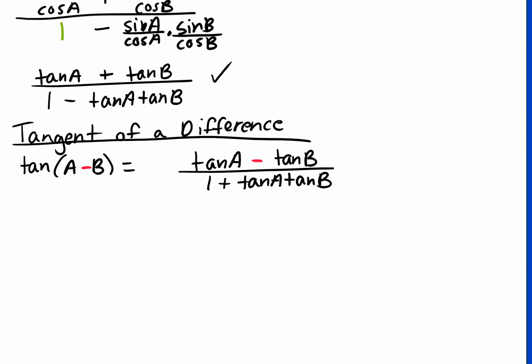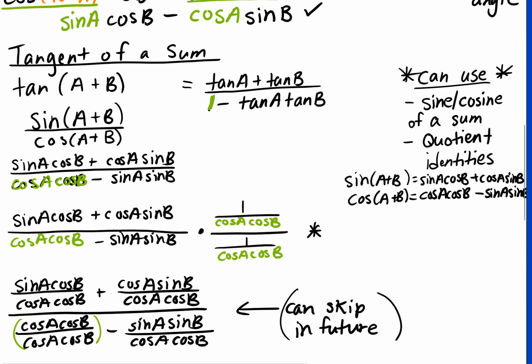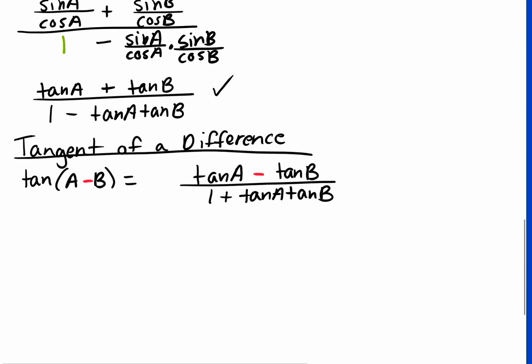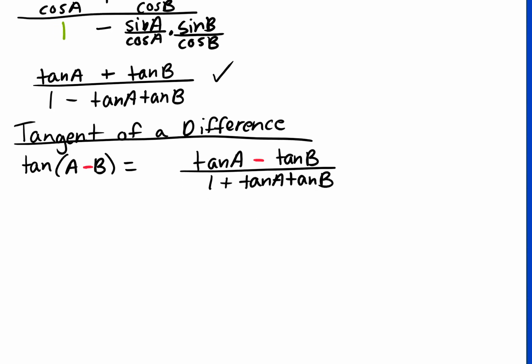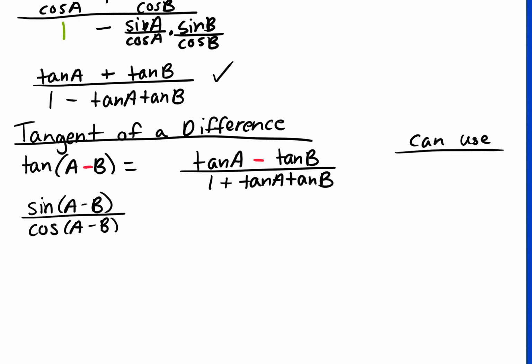But this and the tangent of the sum, they look very similar. So you're learning it as a group and then just noticing what's different about each of them. So we'll do it the same way. We're going to change to sine A minus B over cosine A minus B. And here we're using, forgot to write my can use on the side. We're going to be using the sine and cosine difference formulas, and we're going to be using the quotient again.